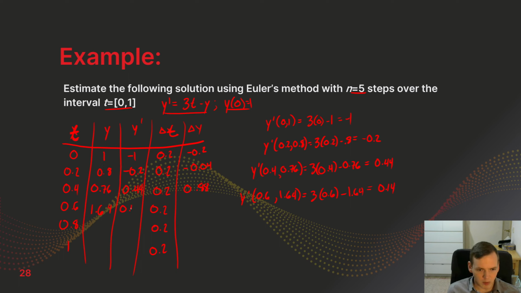So 0.14 times 0.2. I did make a mistake here because this should not be 0.88. It should be 0.088. So that makes all of this wrong.